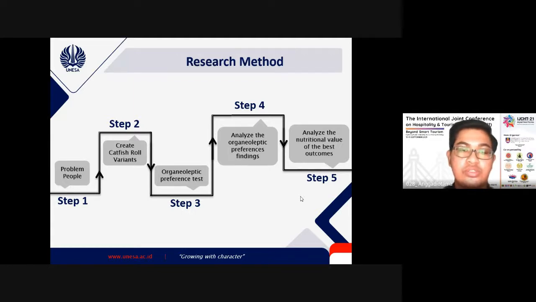Step 3, organoleptic test. This product was tested with 90 respondents. Step 4, analyze the organoleptic preference findings. Step 5, analyze the nutritional value of the best outcomes.